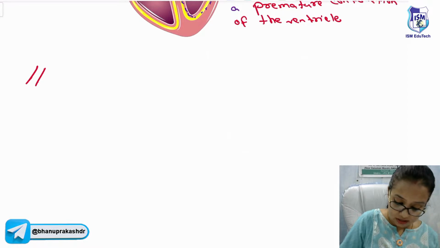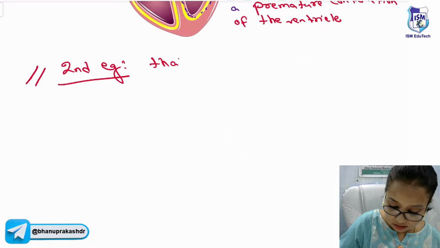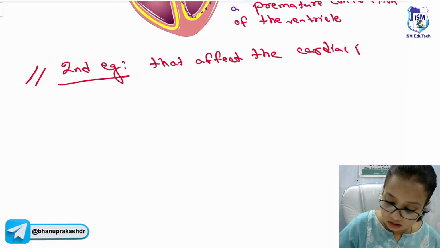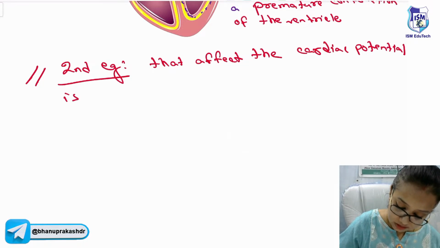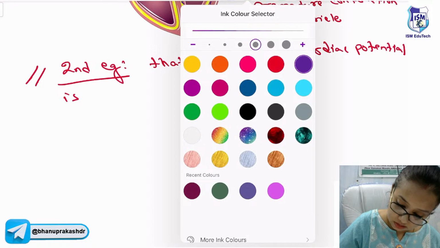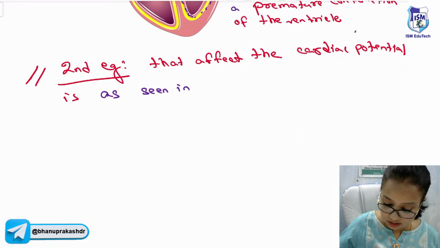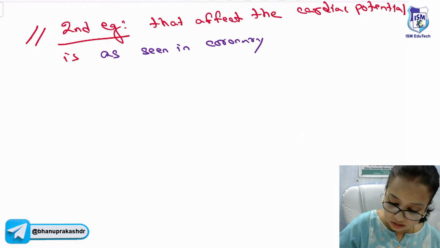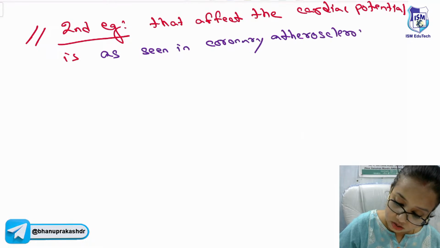Another clinical condition, second example, that affects the cardiac potential, is as seen in coronary atherosclerosis.